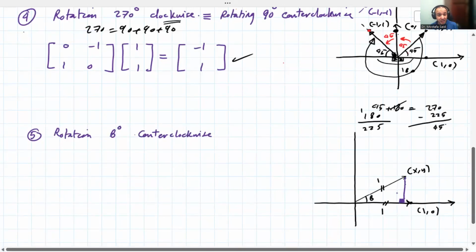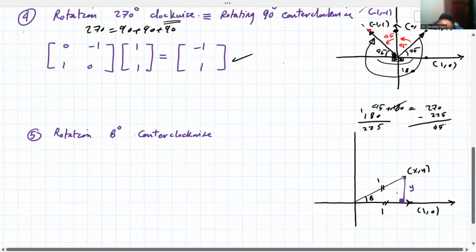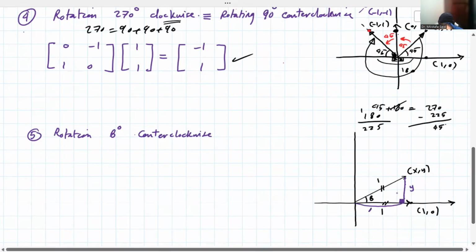The triangle that we create has a right angle, and the hypotenuse is equal to 1. So that's x, y, and this length here is x.